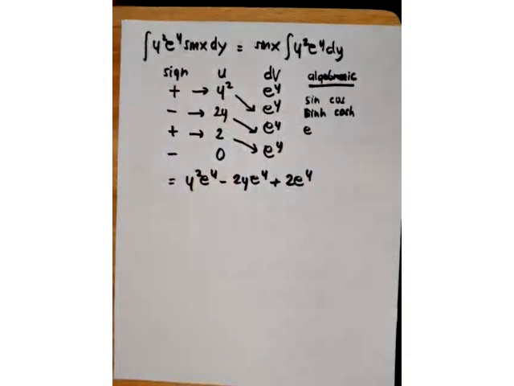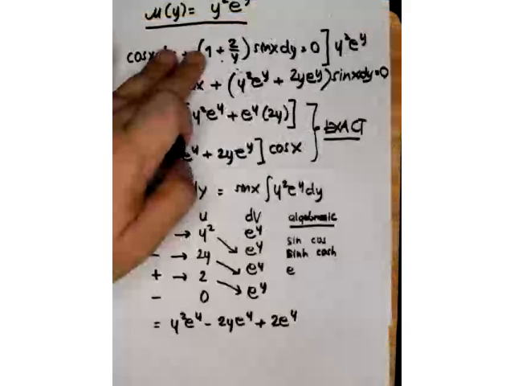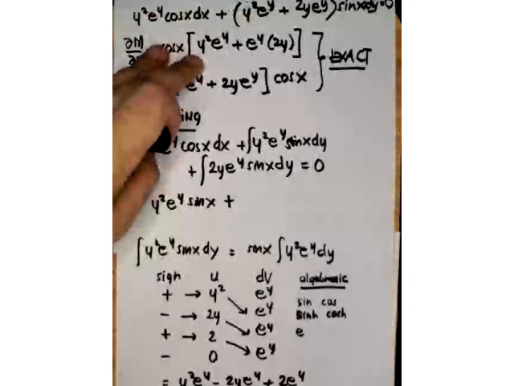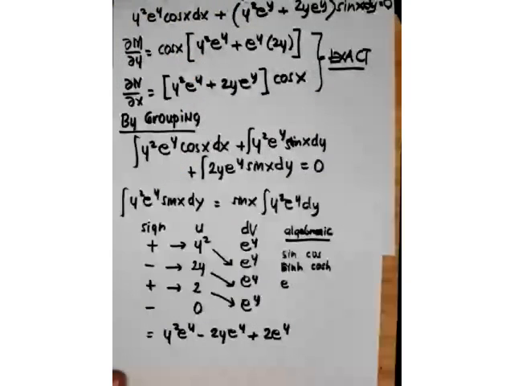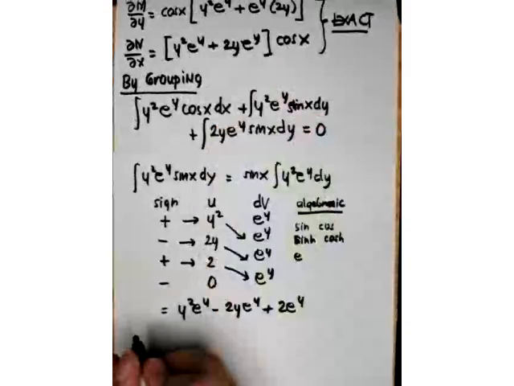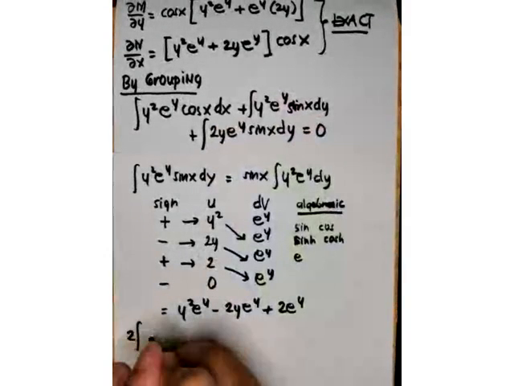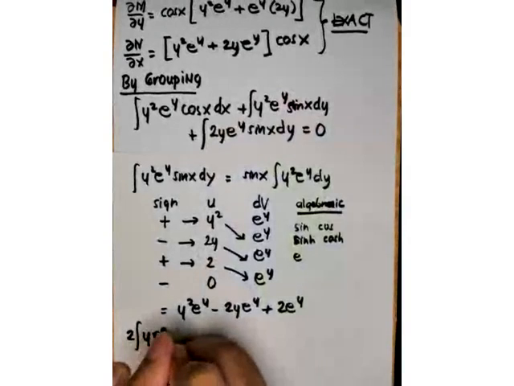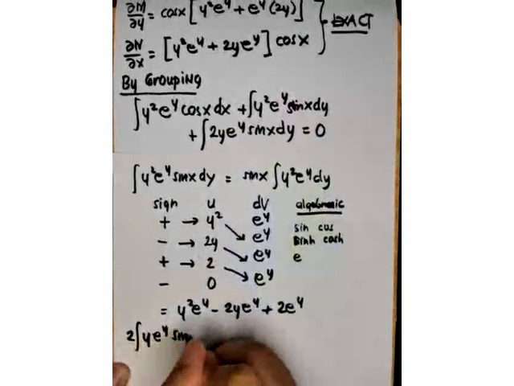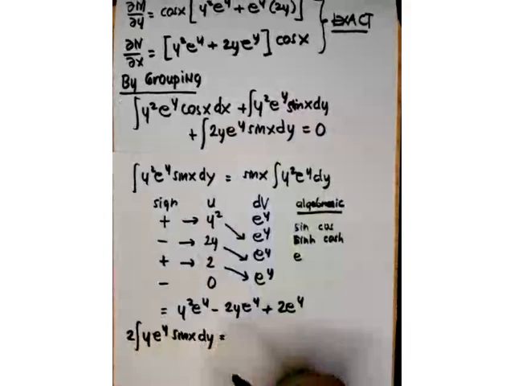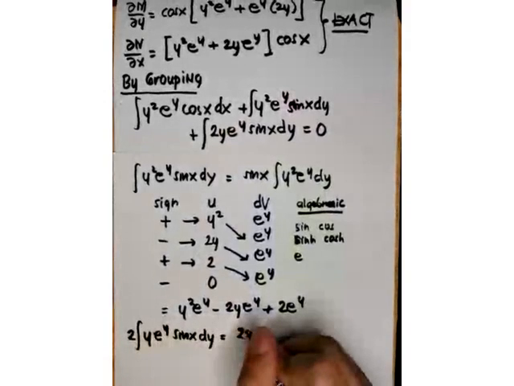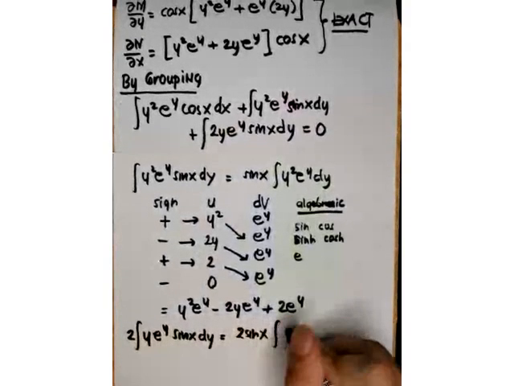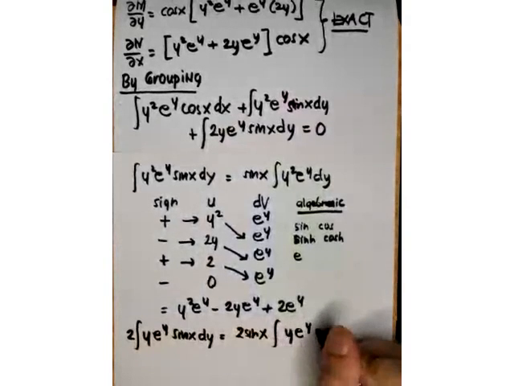Next, let's go to the next term na i-derive natin. Ay, integrate pala. So this is the integral of 2y e raised to y sine x dy. Again, ilalabas ko yung 2 and sine x, the integral of y e raised to y dy.